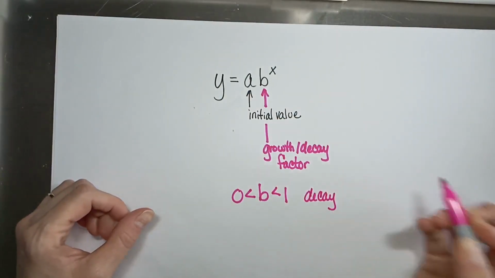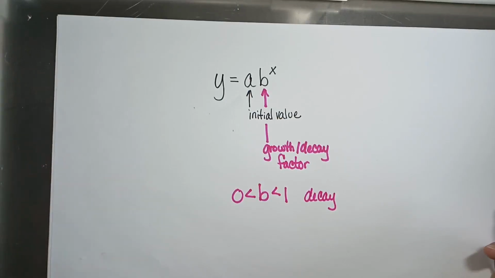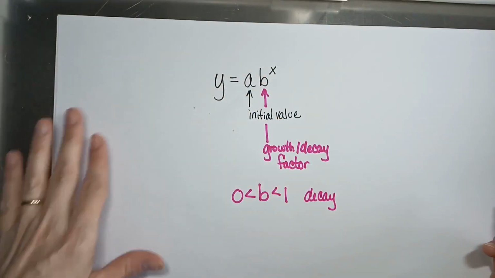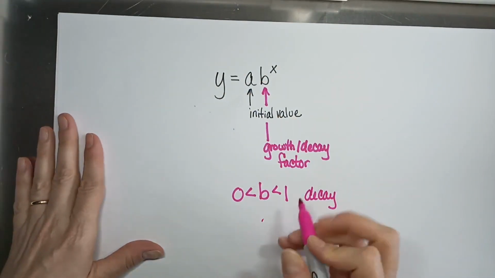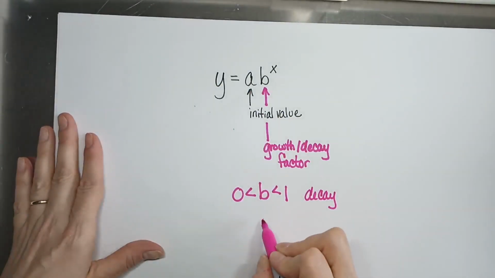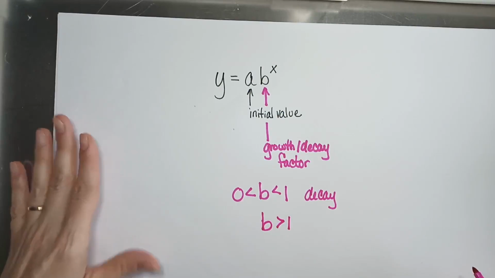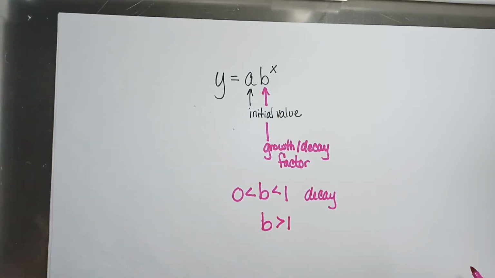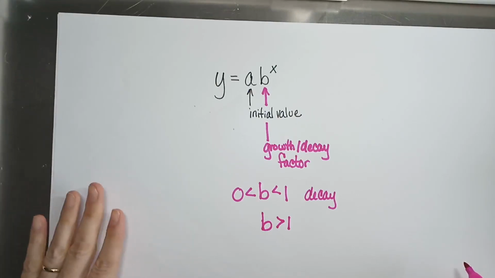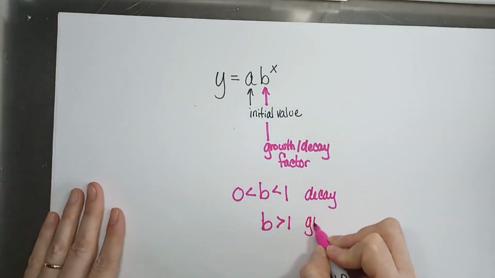It means your number is going to get smaller and smaller as x gets larger. Or your answer, y, will. If b is greater than 1, it can be a mixed number, so 1.5, 2 and a third. It could be a whole number, 3, 4, 5. Anything that's greater than 1, that is going to be growth.